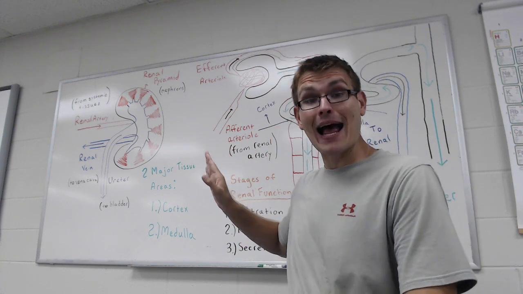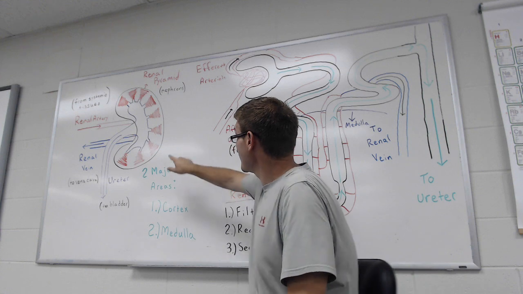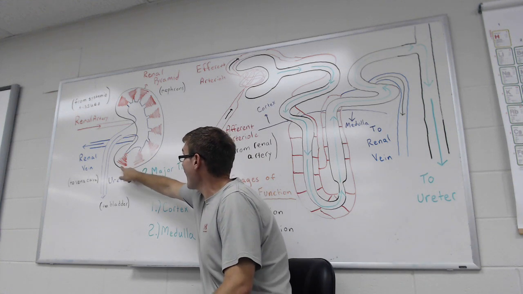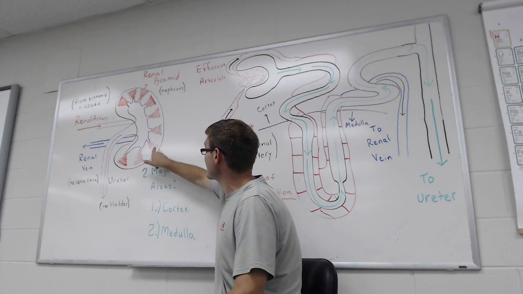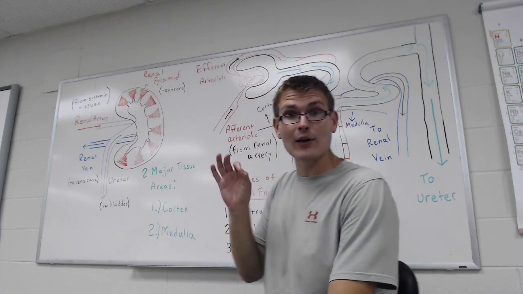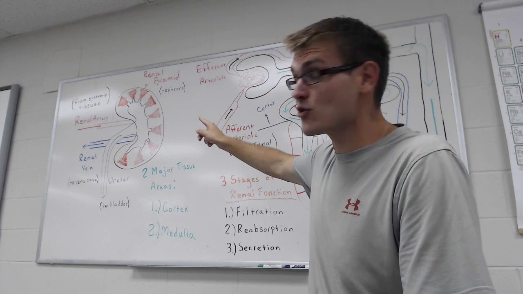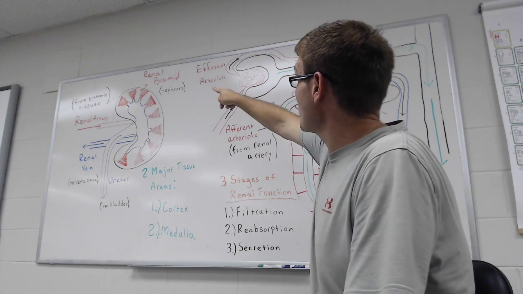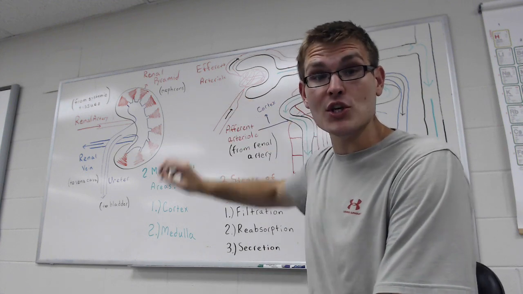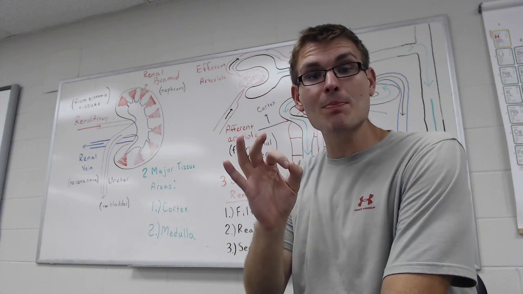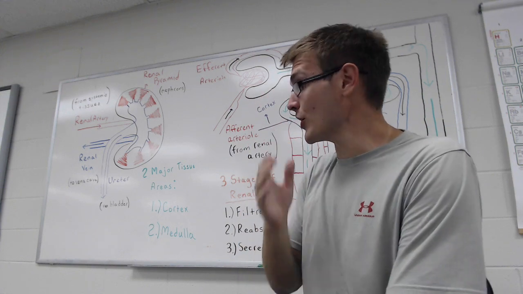So to clean up the last of kidney structure here, you're going to notice that the kidney itself has 8 to 15 regions that look like this. Those are called renal pyramids, and they make up the bulk of the renal medulla. So these renal pyramids are going to be where we find the nephron, which is the major, most basic unit of kidney filtration.